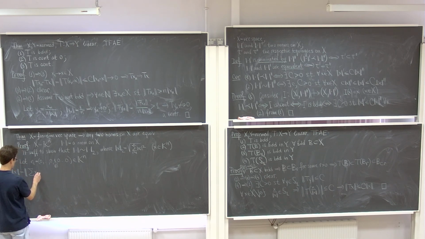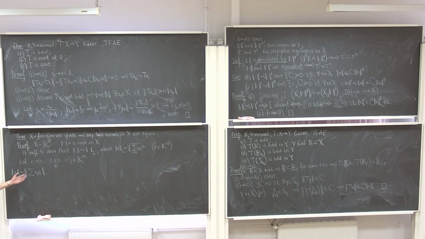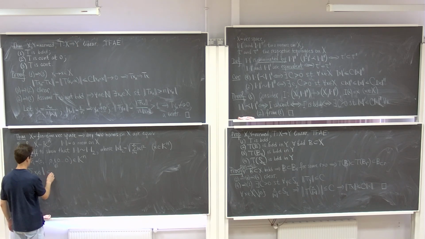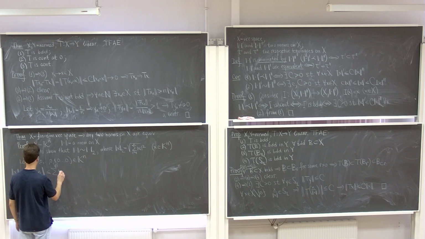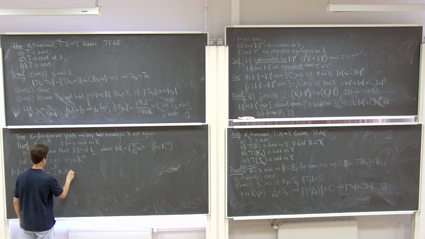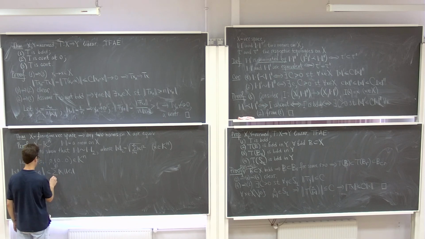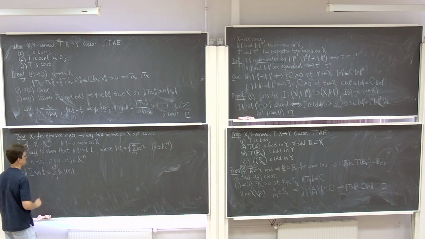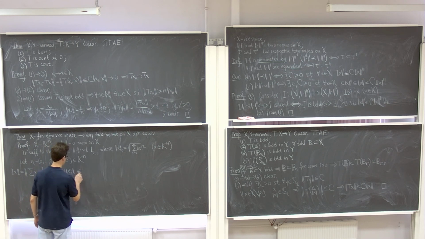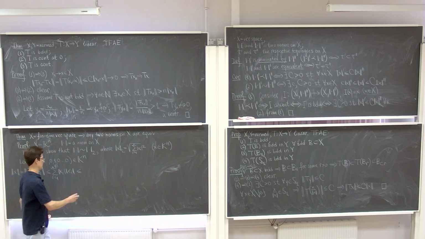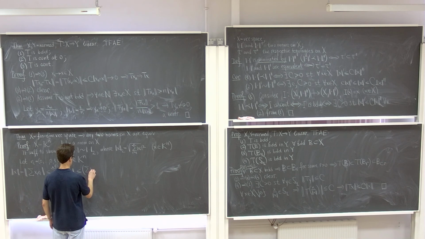Okay, so now we decompose x in the following way, and we write the triangle inequality for this sum from 1 to n. And then we use the Cauchy-Schwarz inequality, which can be written in the following way.